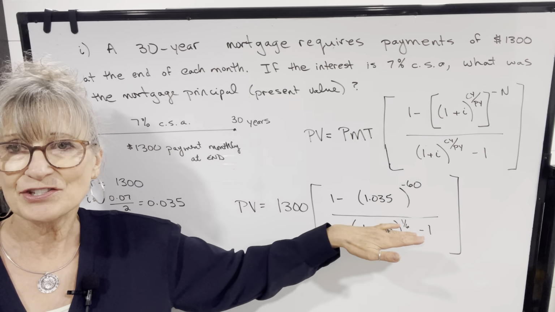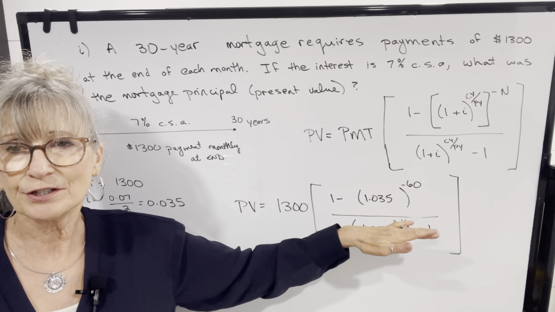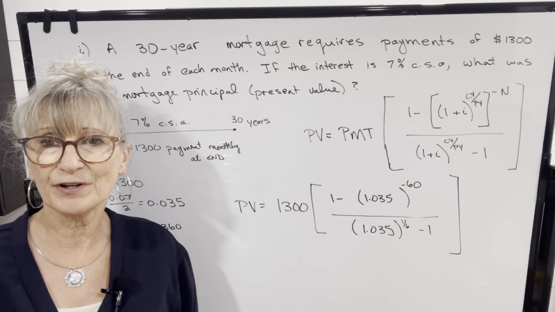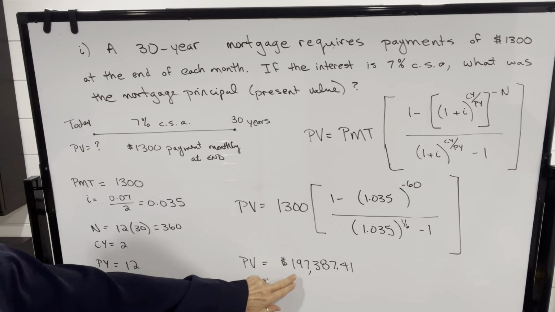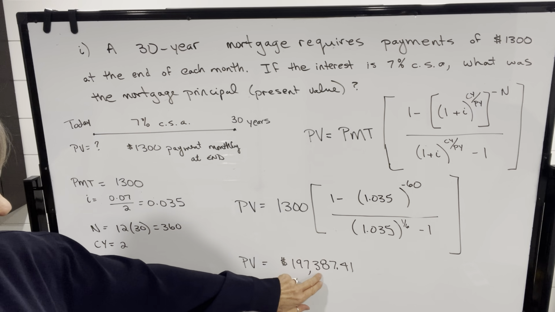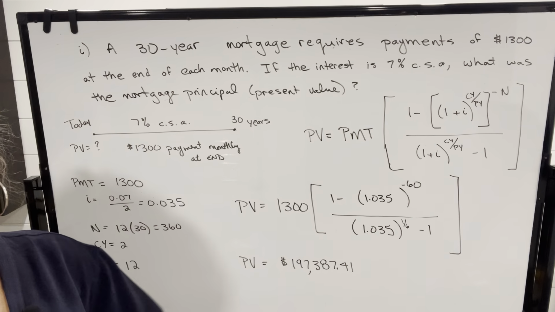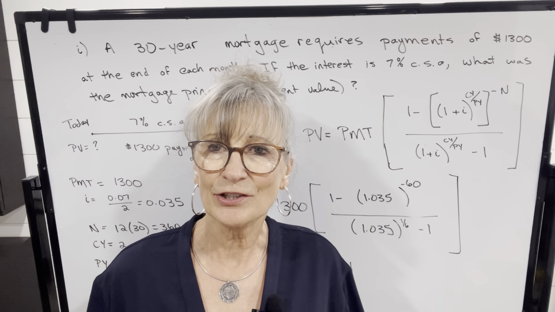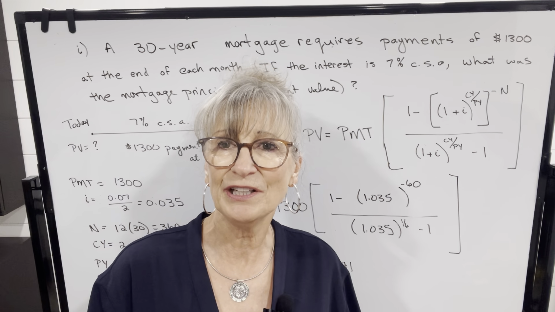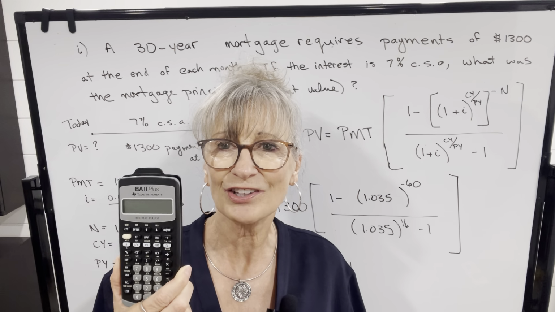That might be a little bit easier to handle when you're putting it into your calculator, but you also could have put it in without simplifying first. Either way, you should get a present value of $197,387.41.